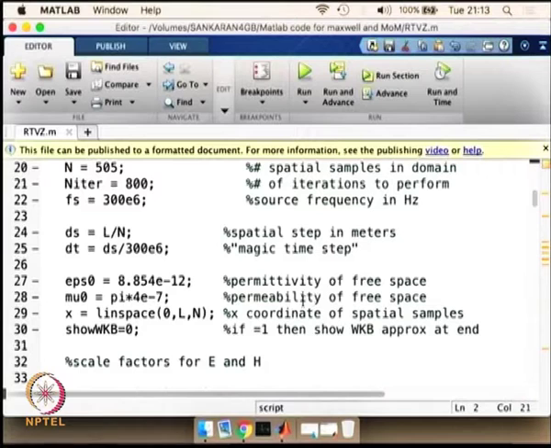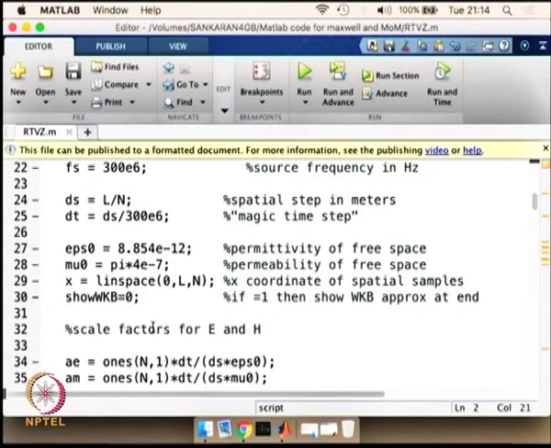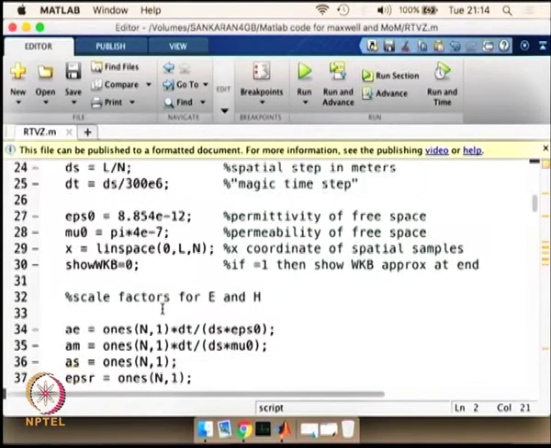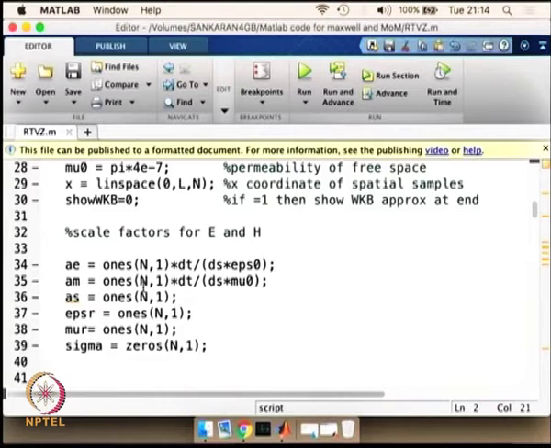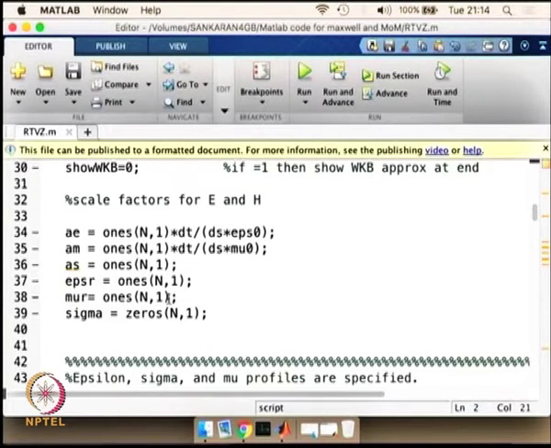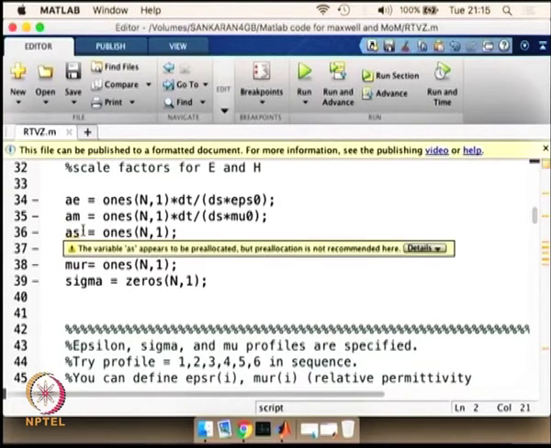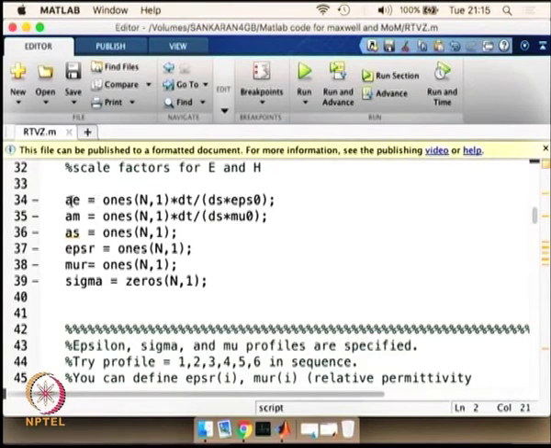The free space permeability is going to be 4 pi times 10 power minus 7, and we are going to create a value for x, which is basically the space of the simulation, going from 0 to n, and these are the scaling factors that we are going to use for our problem. So AE, AM and AS are going to be the terms that are going to be used in the update equation, and they follow the standard discretization where we have dt, ds and epsilon naught. Depending on the equation we are interested in, these terms are going to change.